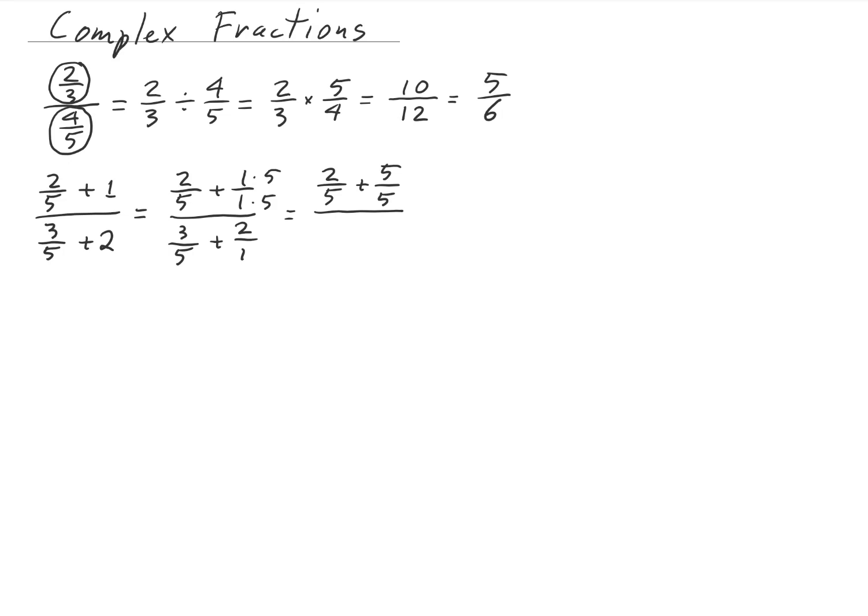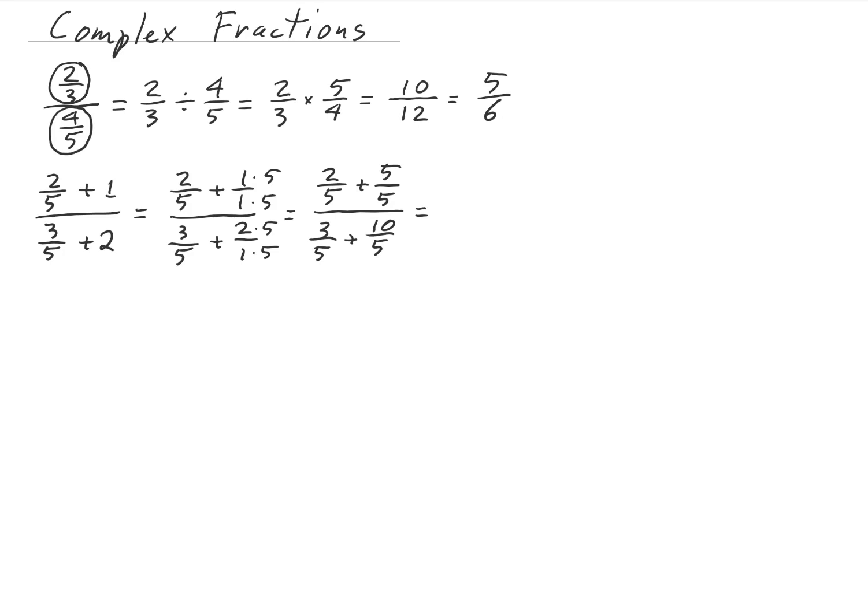Now both fractions have a 5 on the denominator. 2 over 5 plus 5 over 5. I can do the same on the bottom. The common denominator on the bottom, again, is 5, so I can multiply the second fraction top and bottom by 5. And so the denominator becomes 3 over 5 plus 10 over 5.